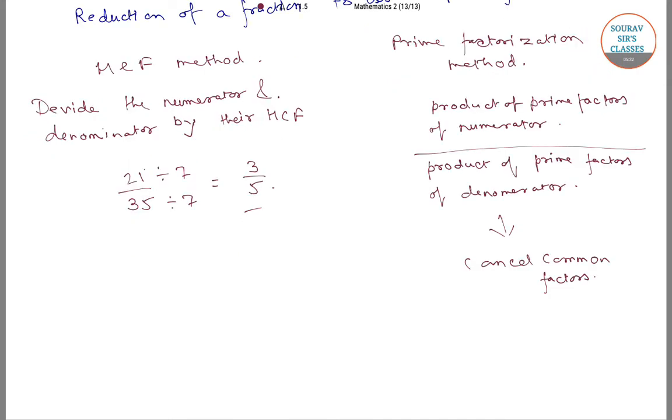For example, we can write 21 by 35 as 3 into 7 divided by 3 into 5. Here we are cancelling the common factors, so this is equal to 7 by 5. So 21 by 15's simplest form is 7 by 5 using prime factorization.